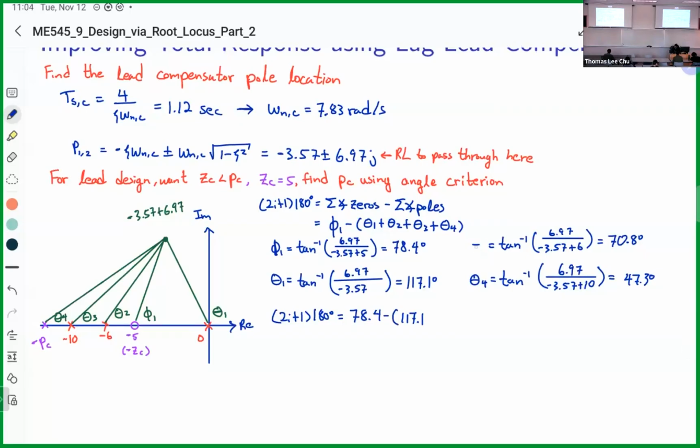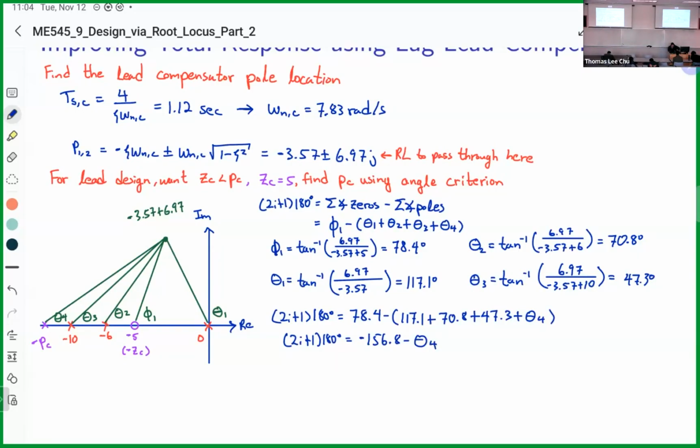That's going to be theta 2 and theta 3. So 117.1 plus 70.8 plus 47.3 plus theta 4. And so I get 2i plus 1 multiplied by 180 degrees is equal to minus 156.8 minus theta 4.